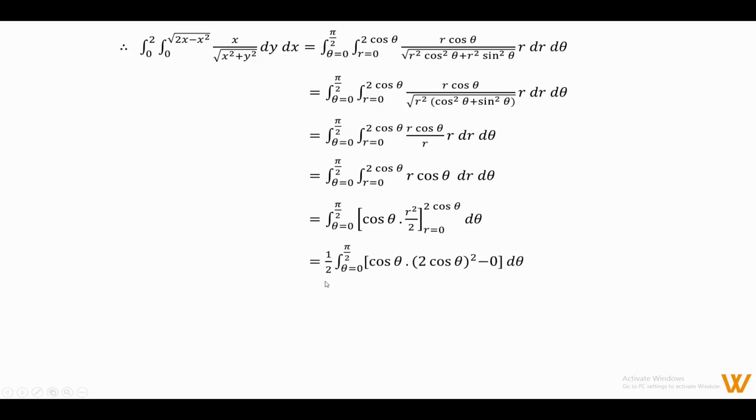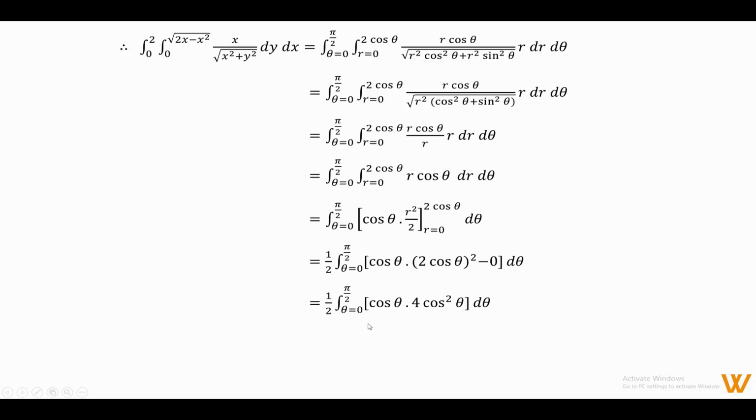Write the constant out of the integration. The integral with θ from 0 to π/2 of cos θ, and put the value of r as 2 cos θ, so (2 cos θ)² minus, putting the lower limit value of r as 0, so 0, into dθ. Therefore it is equal to 1/2.